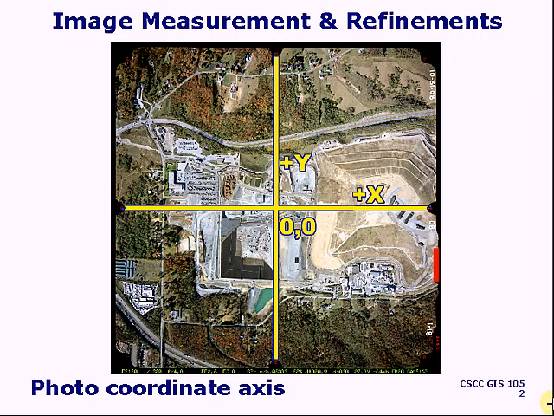Now, later we're going to talk about a theoretical principal point where that actual perpendicular would strike. Our measurements are going to be based on the intersection of these fiducials.